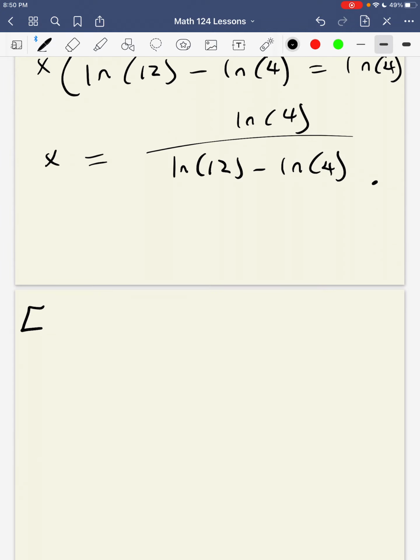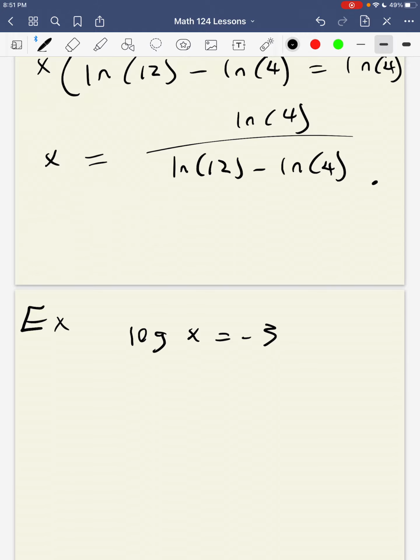Okay, let's look at another problem here. Let's solve this problem. Log base 10, which we usually do not write the 10, of x is -3.